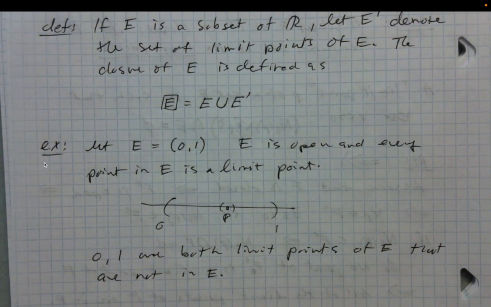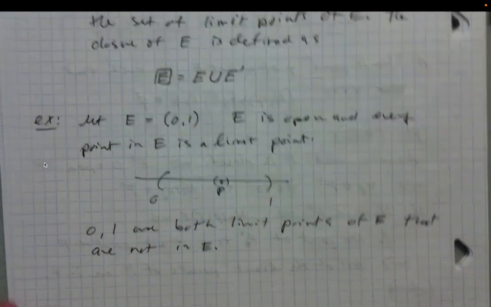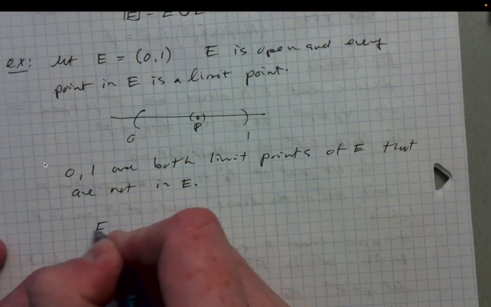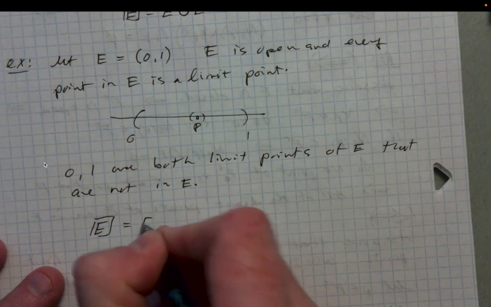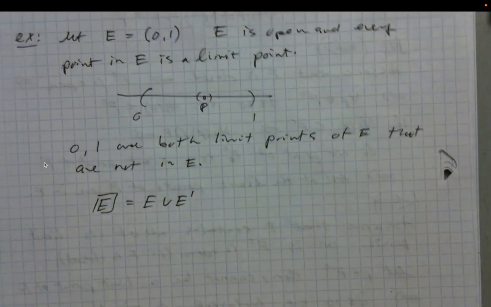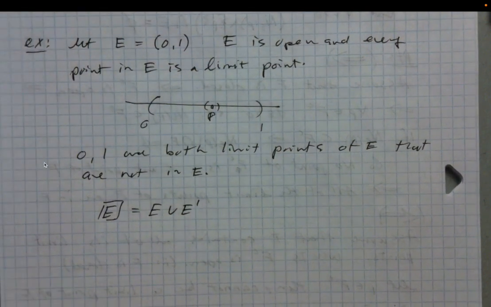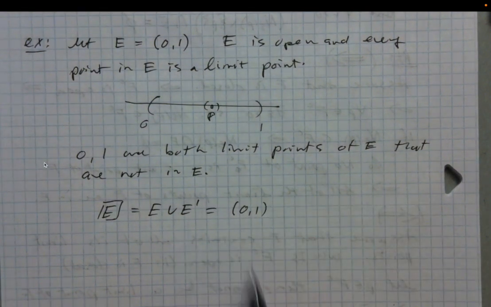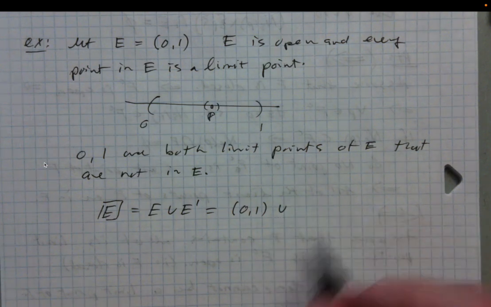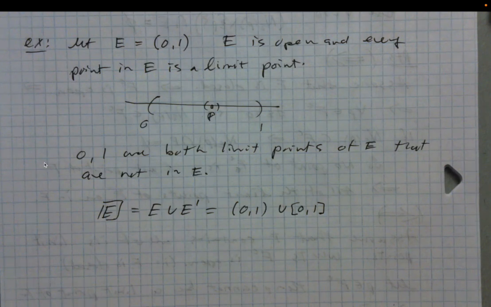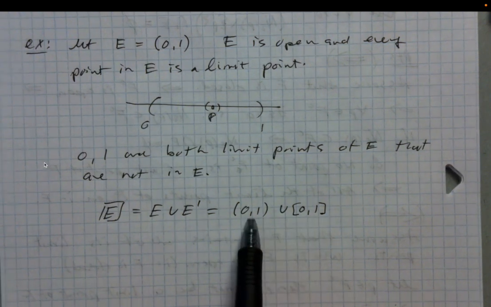Okay, and so what I can do then is create the closure of E, right? So E closure we know is equal to E union E prime, where E is the set itself and E prime is the set of all the limit points of the set. And so this would be, in this case, equal to (0, 1), the set E, union with the closed interval [0, 1]. Now this one is almost exactly the same as this one.